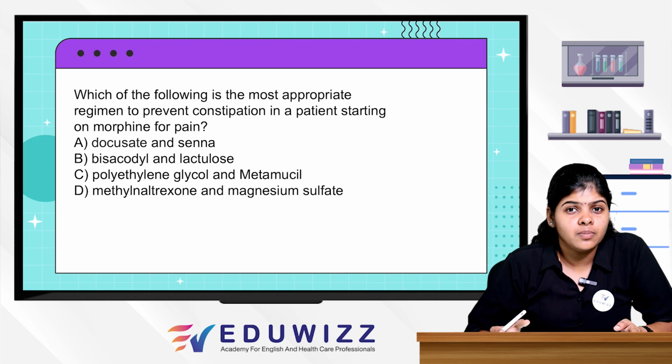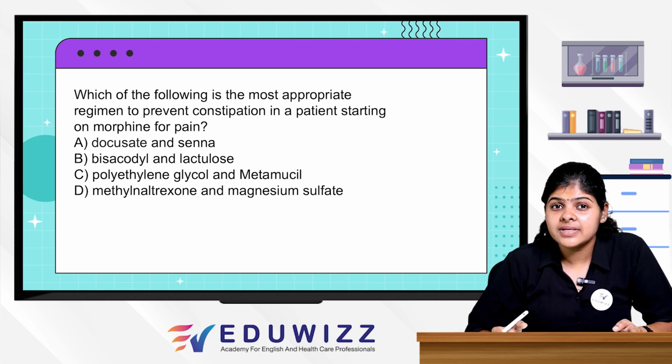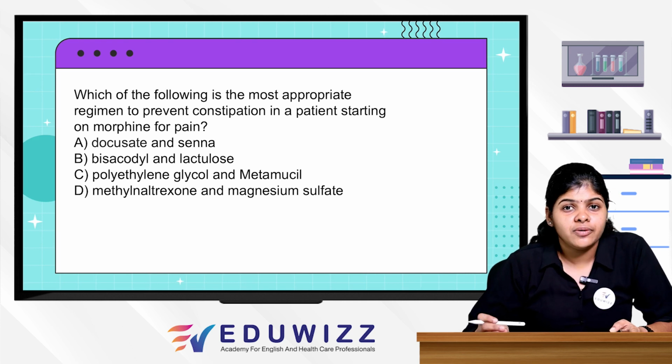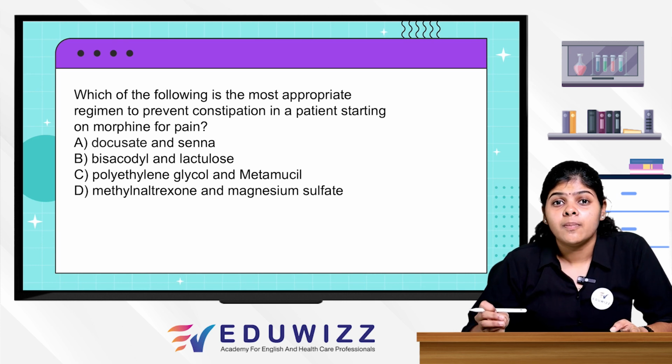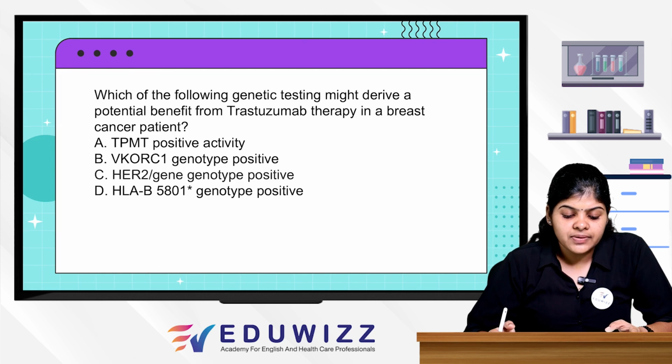The main side effect of morphine is constipation. The options given below are all for constipation. For morphine-induced constipation, we can give docusate and senna. You can study directly that docusate and senna are given for morphine-induced constipation. So our answer is docusate and senna.